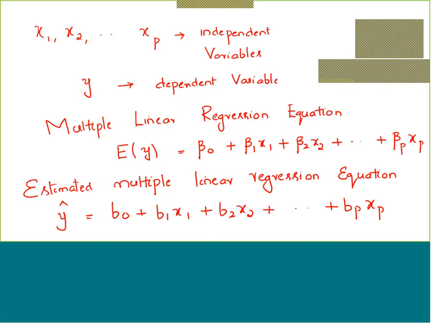That also has a formula, but the software package gives the values readily. Here also we will have two tests of significance. One is F for overall significance and the other is t for individual coefficients, b1, b2 and so on, bp, or beta 1, beta 2 and so on.